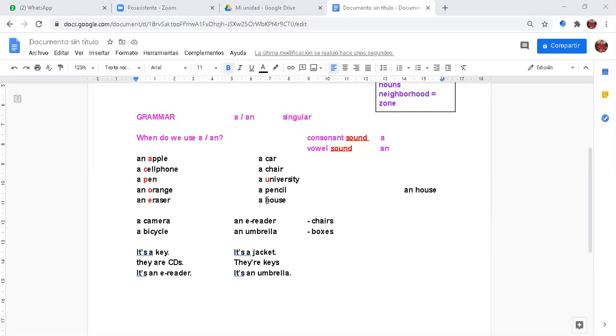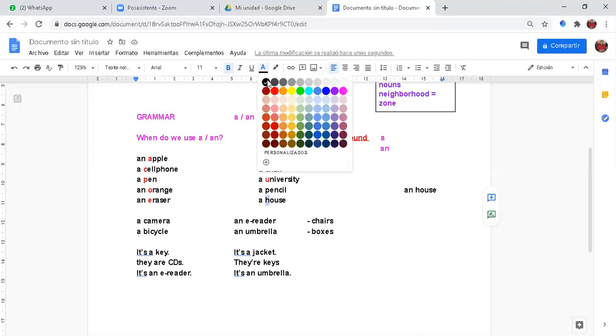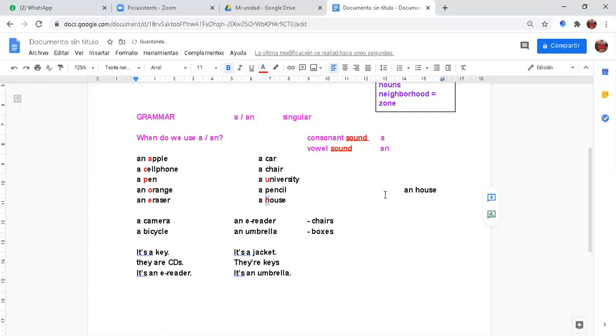So that way you use, look at, it is a, this H has a consonant sound. So that's why we use a and not an, because it's not house, it's house.